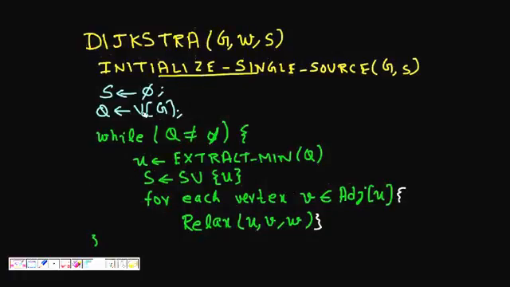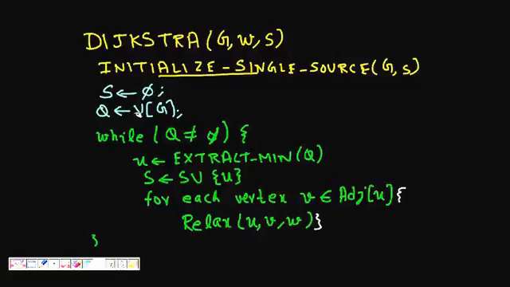Now S is the set of all nodes for which we have already found the shortest path. Initially it is a null, empty set, and as we progress, we will put the nodes of the graph in S.